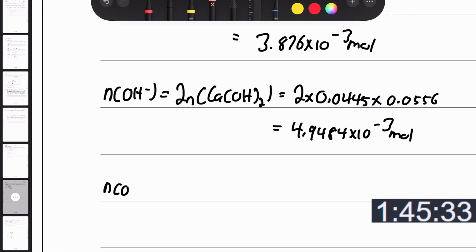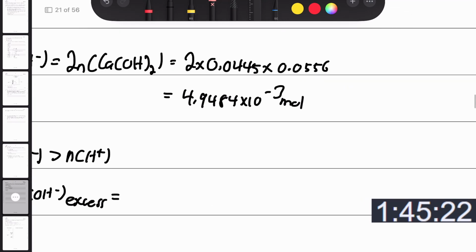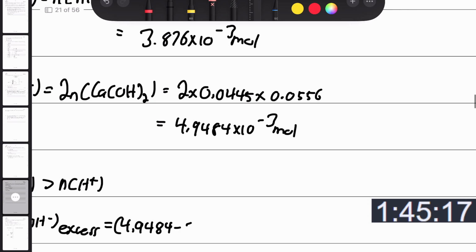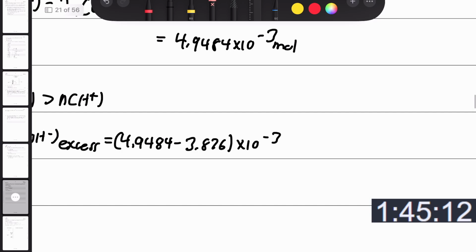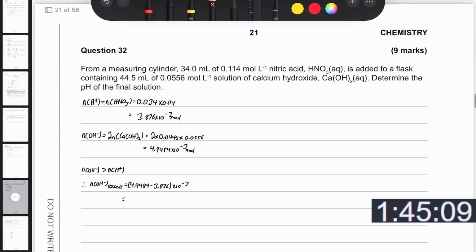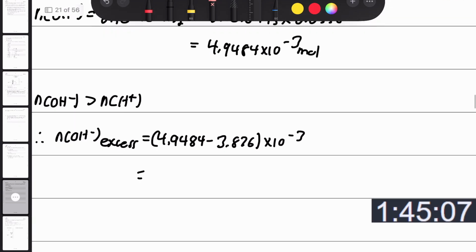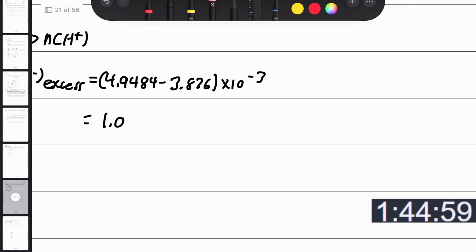So then I can say number of OH minus is greater than number of H plus, for number of hydroxides in excess equal to 4.9484 minus 3.876 times 10 to the negative 3. It doesn't say to include an equation, right? Yeah, okay. So 4.9484 minus 3.876 times 10 to the power negative 3 is 1.0724 times 10 to the negative 3 mole.